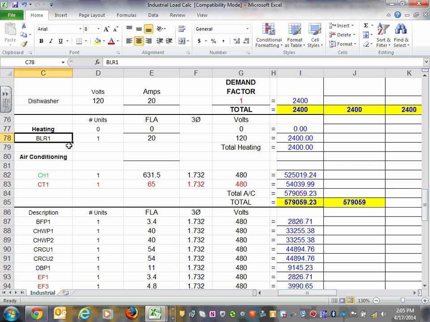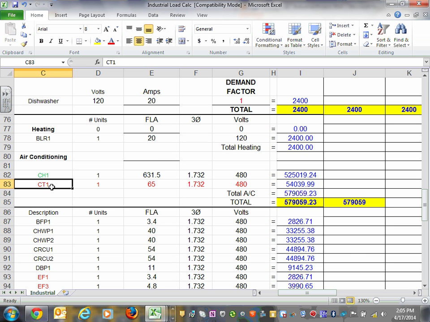The only thing I really allocated to the heat, and you'd probably dig and find a couple of pumps that circulate too, is a 20 amp control circuit. I allocated a 20 amp, 120 circuit, and 2400 volt-amps. Compared to that, the chiller is 525 kVA, just the chiller. So it's way over, and it's going to overtake it.